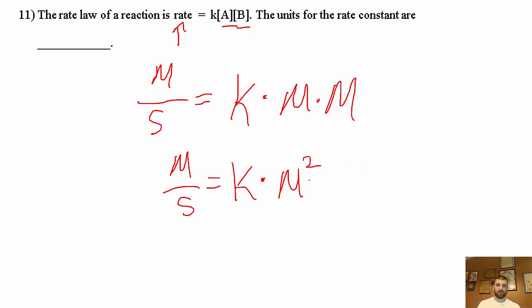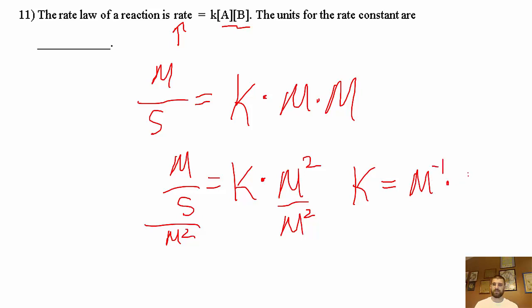Alright, well, let's get K by itself. So we got to divide each side by molar squared. And you get K equals blank over seconds times molar, or molar to the negative 1 times seconds to the negative 1. So that would be the units right there.